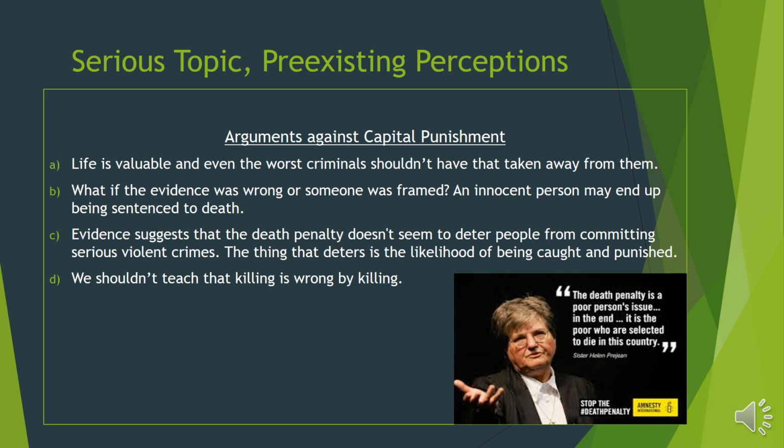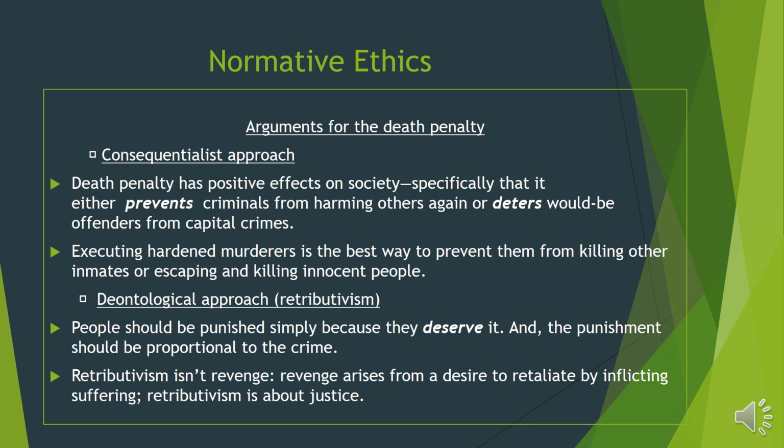That's actually just replicating that same moral wrong. So there are arguments for and arguments against, both of which can be tested empirically and have been in the criminological literature and in other literature such as law and so on.